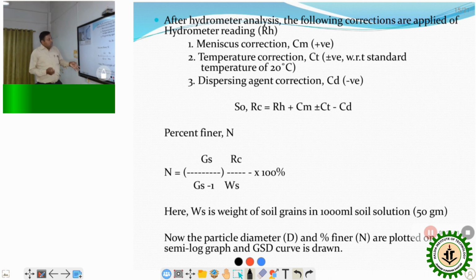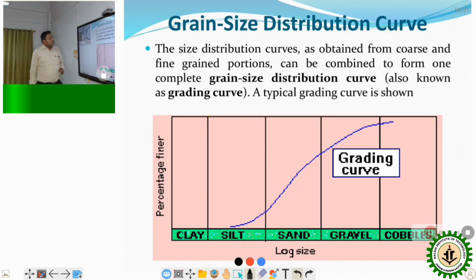So now this particle size that we have calculated in the earlier slide and the percentage finer that we are calculating from this slide are to be plotted on a semi-log graph paper in a similar way, and the GSD curve will be drawn. So this is the grain size distribution curve, a typical grain size distribution curve.